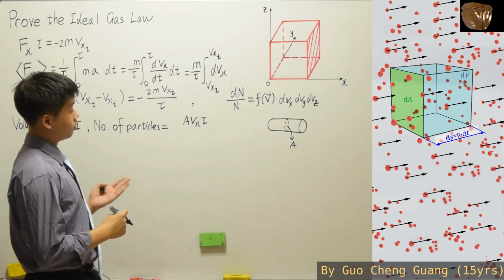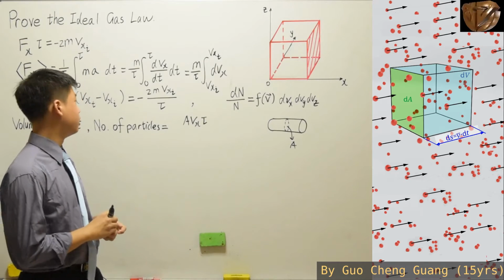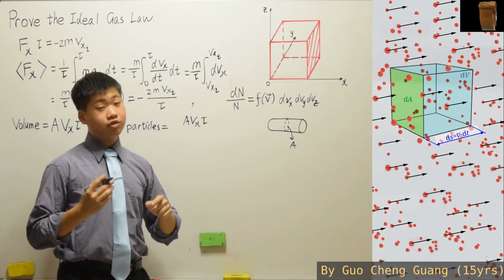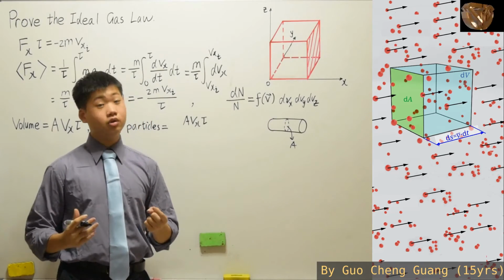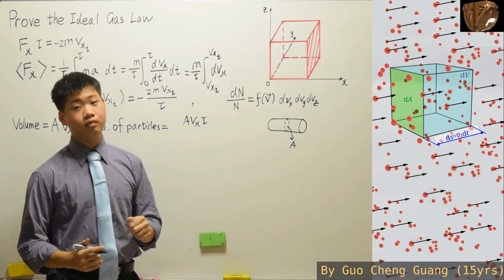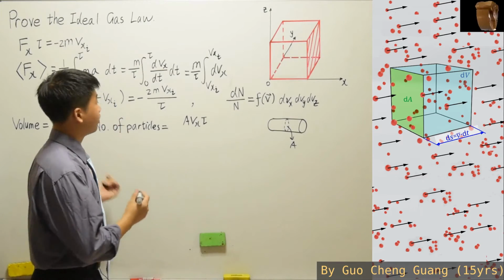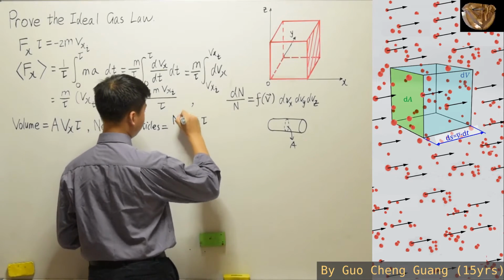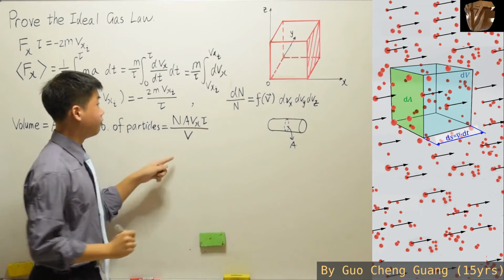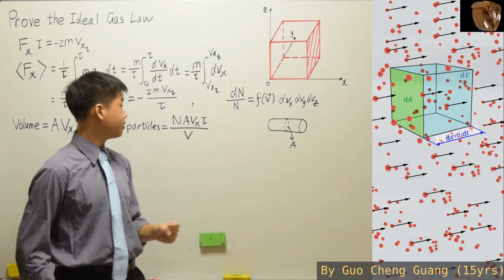Well, of course you can. So what we can use is actually, since you have the volume of whatever's inside here, if you have its density, you could use it to find the number of particles within that specific region, not exactly area, okay? So what we can use is N divided by, in this case, we have a V. V, which is the entire thing, not just restricted to the tube, alright?